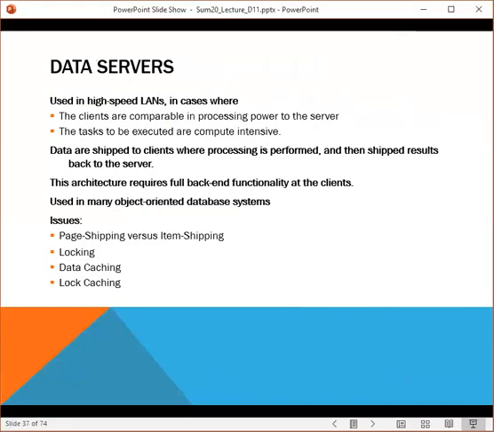So we also have data servers, and they have the ability to ship data to clients where it's processed, and then the shipped results come back. A data server has a disadvantage in that it's sending a lot of data that's not necessary over to the client.